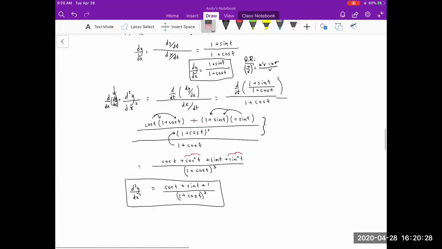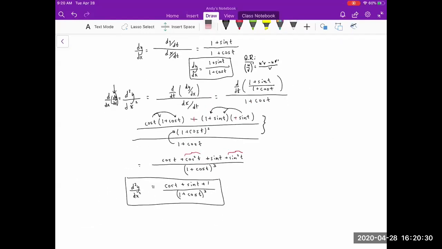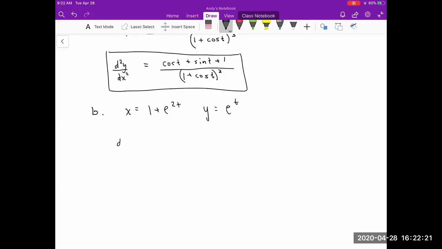Awesome. So let me just write down below here. B, our equations are x is equal to 1 plus e to the 2t and y equals e to the t. Dy over dx. Again, that's dy over dt over dx over dt.